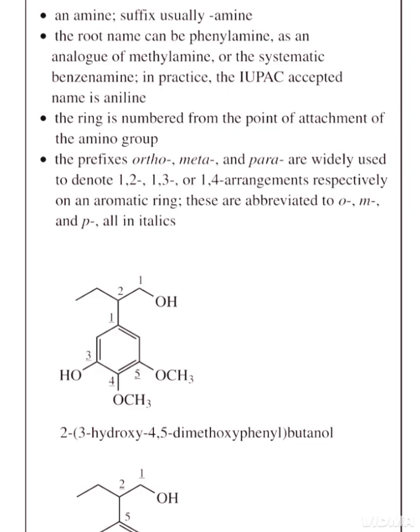So para is the substituent arrangement of carbon 1 and carbon 4, respectively according to the numbers 1,2, 1,3, 1,4. So substituted at 2 is ortho, at 3 is meta, and at 4 is para.